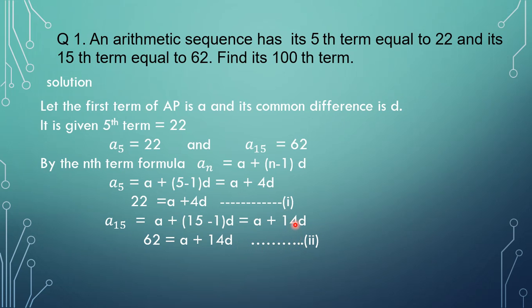Now by observing these first and second equation, we conclude that if we subtract these two equations, we will get the value of any one variable A or D. So we will do the elimination method.